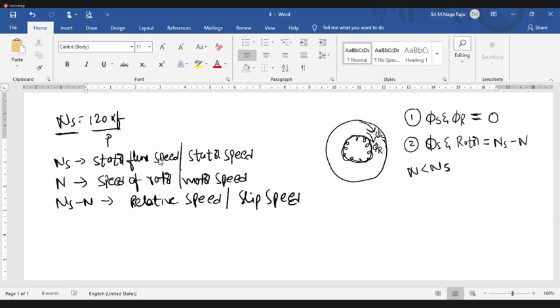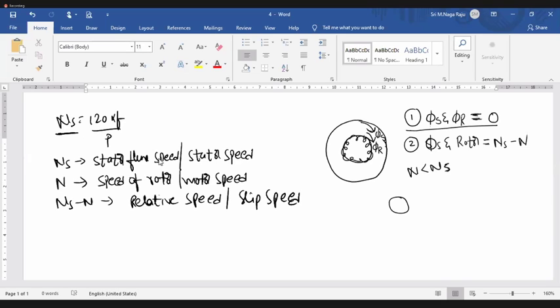Now, how the first point is valid, I'll explain. Sir, can I explain that? Yes, very good. Sai Kumar, explain. Sir, as the rotor is rotating in the flux, rotor conductors induce EMF. Its EMF causes current to flow through its conductor, and flux produced by that conductor is the rotor flux.